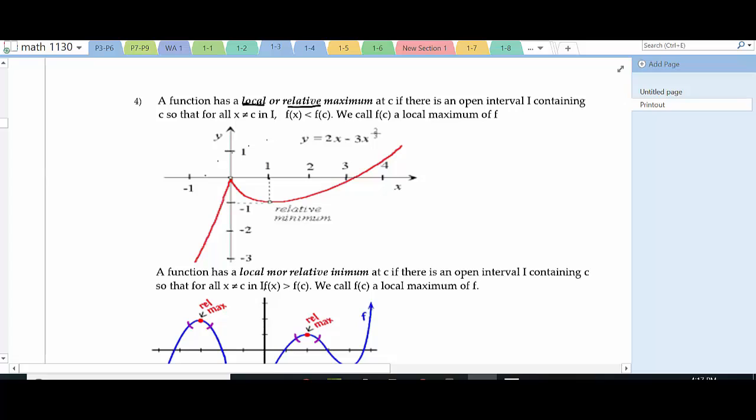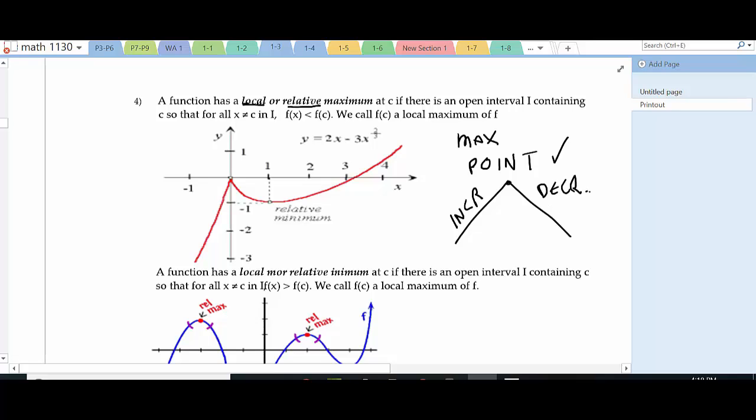When you have a max, the easiest way to think of this is, number one, it has to be a point. If it's a bubble and it's not defined there, then it's not a maximum or a minimum. The other thing is, when you have a maximum, the function increases, then it hits a high point, then it starts decreasing.